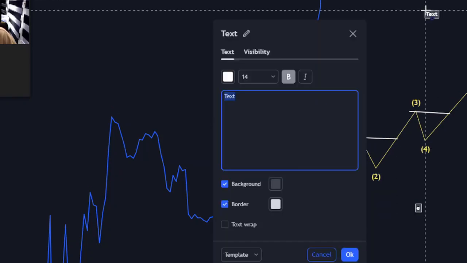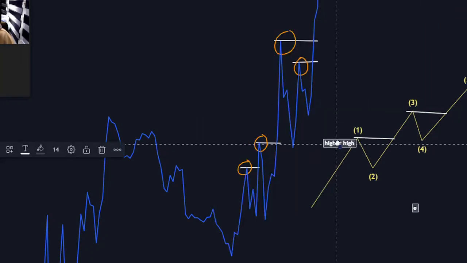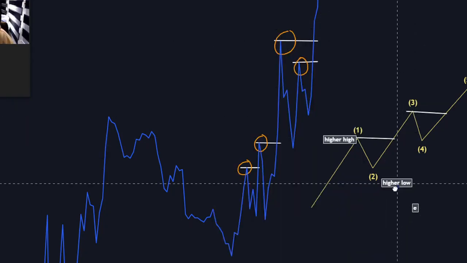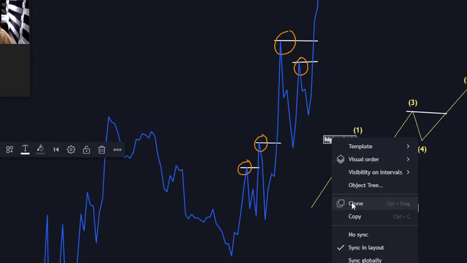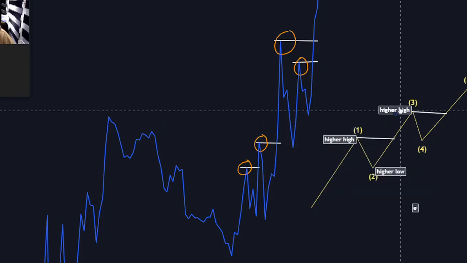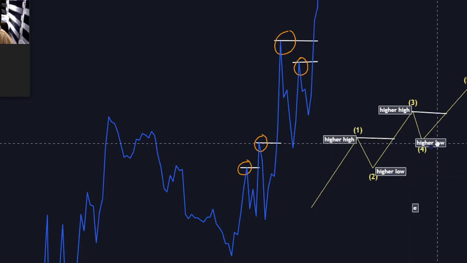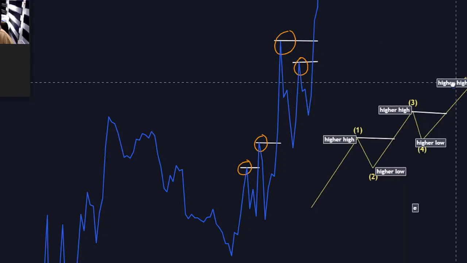Higher high, higher low, higher high, higher low, higher high.